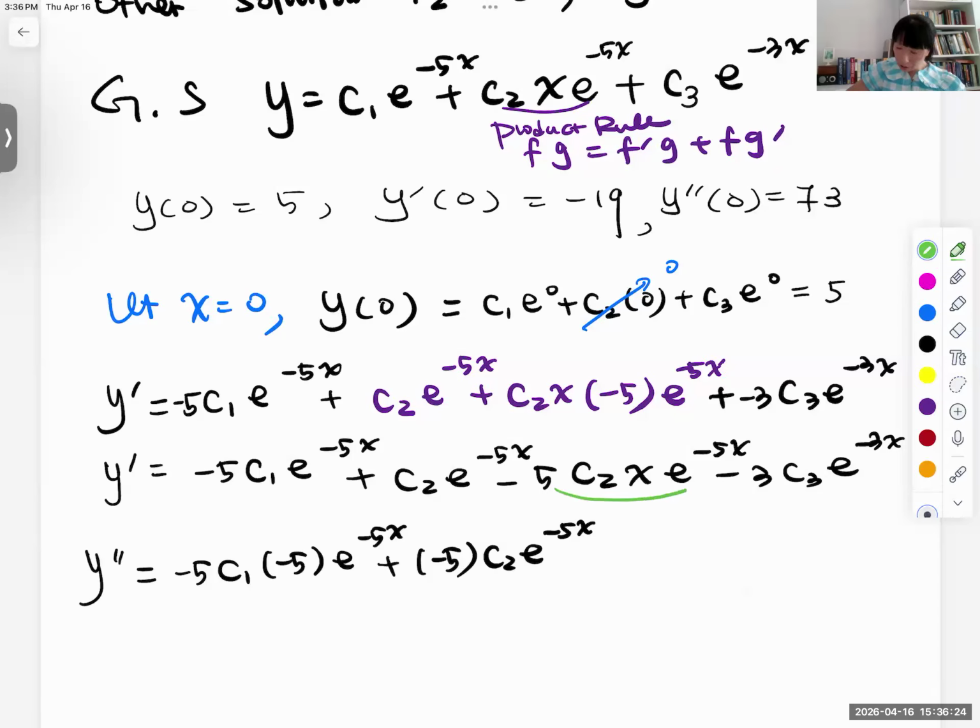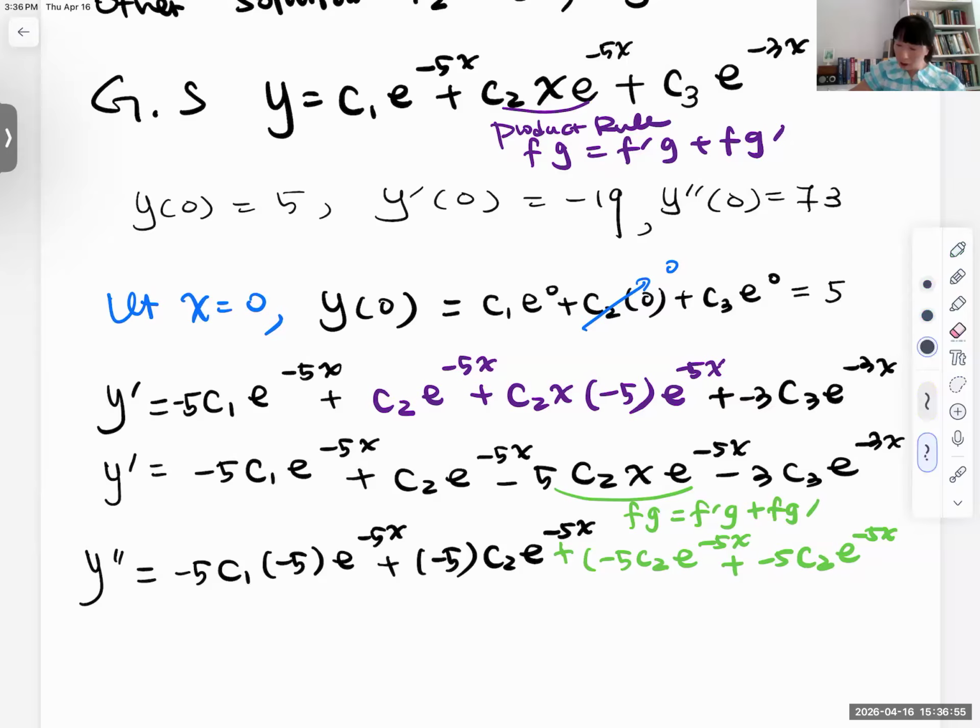So fg equal to f prime g plus f g prime. So plus, let us do that: negative 5 c sub 2 e to the negative 5x, that's f prime g, and plus f, negative 5 c sub 2 e to the negative 5x.